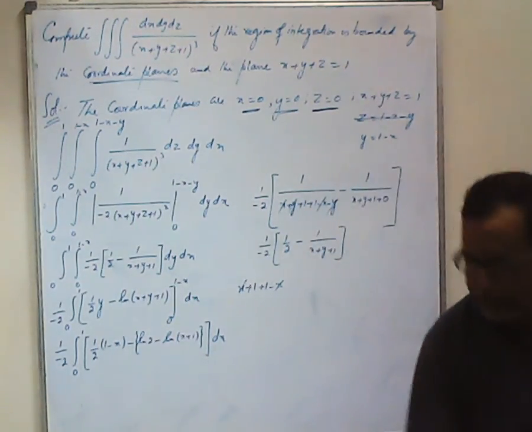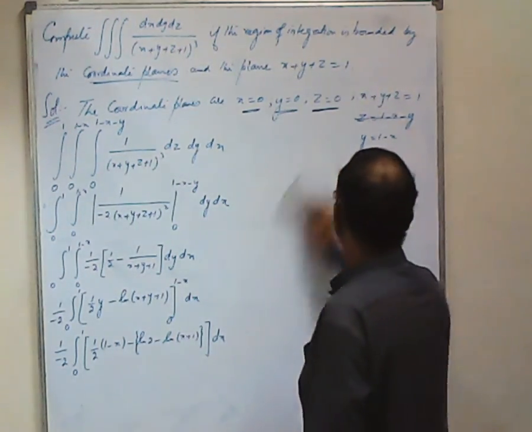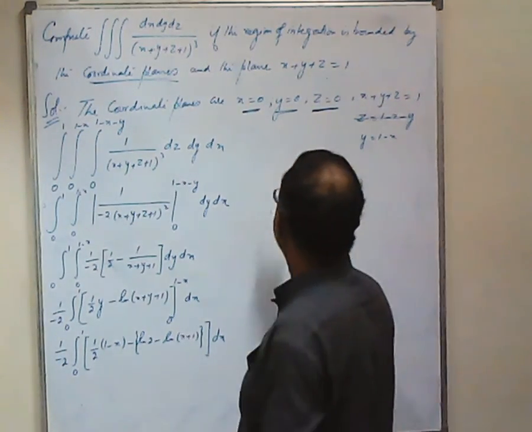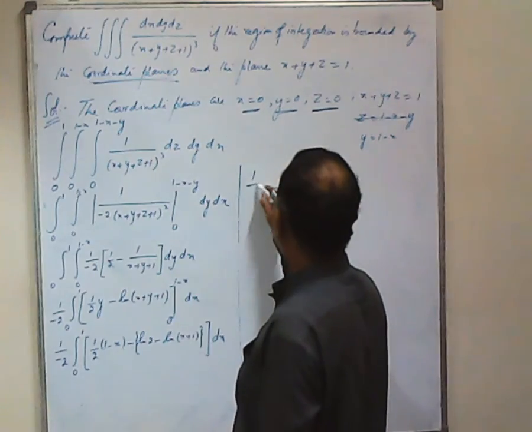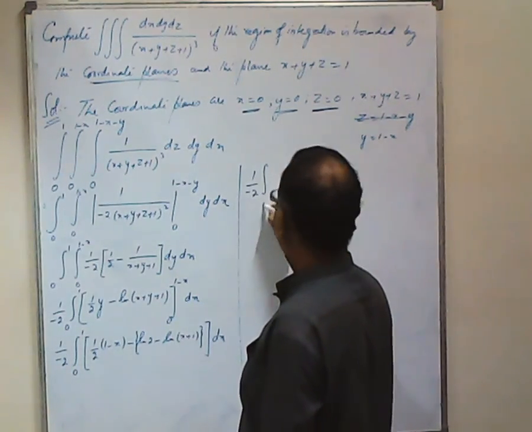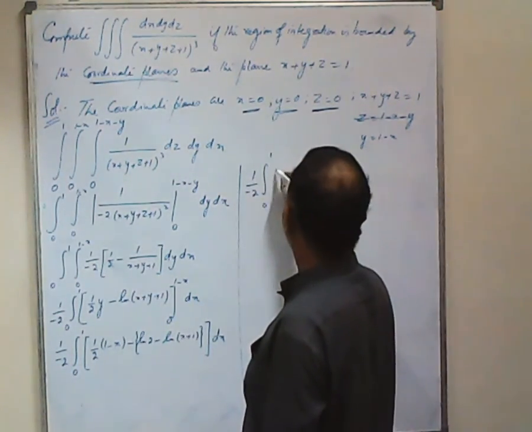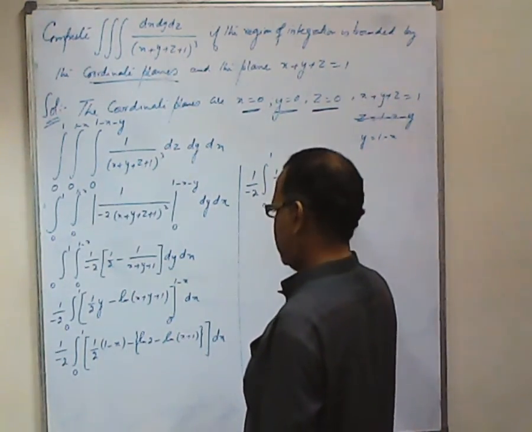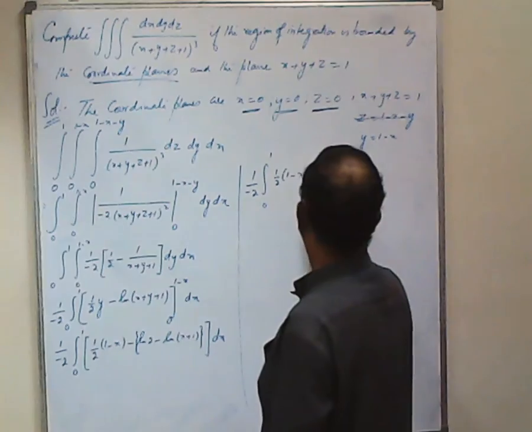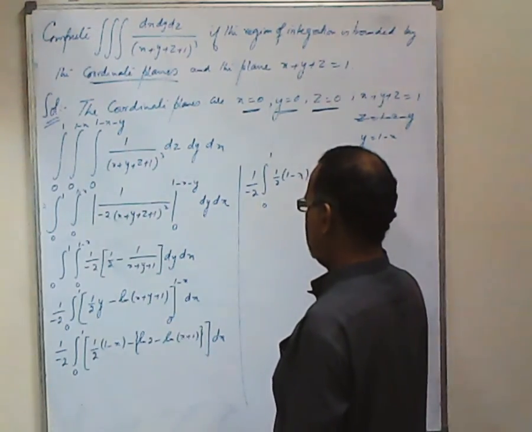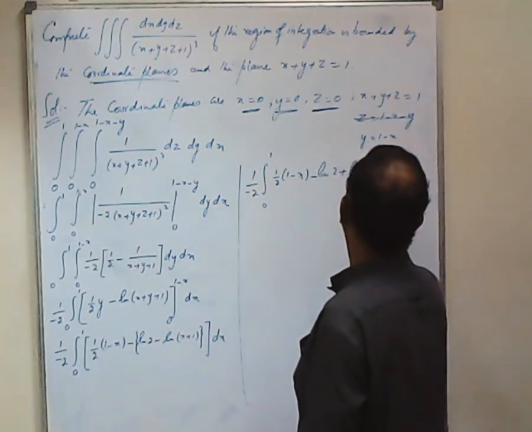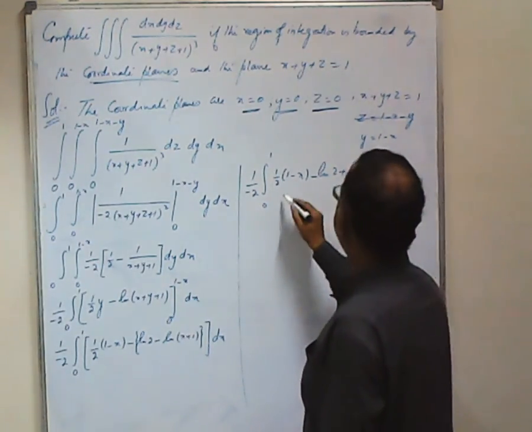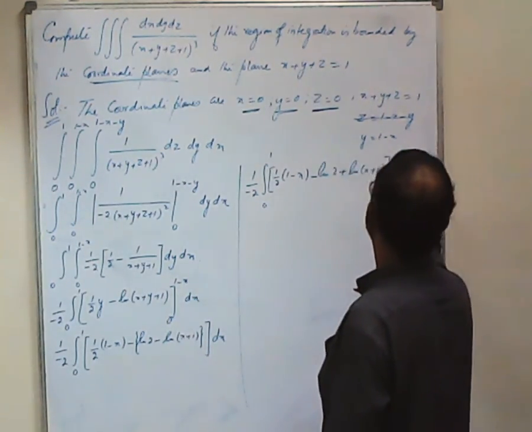So now ending this question, so this is 1 upon minus 2, then integral 0 to 1, we have 1 upon 2, 1 minus x minus log 2 plus log of x plus 1, and this will be dx.